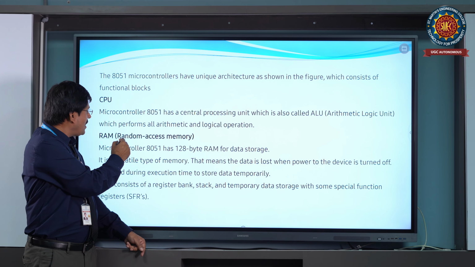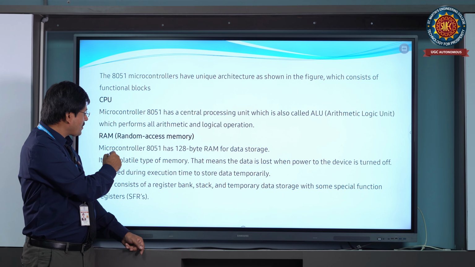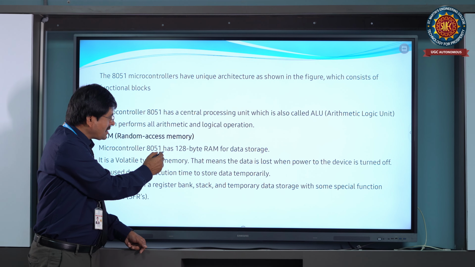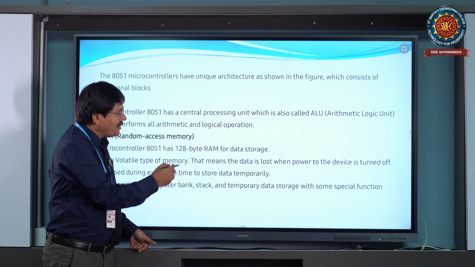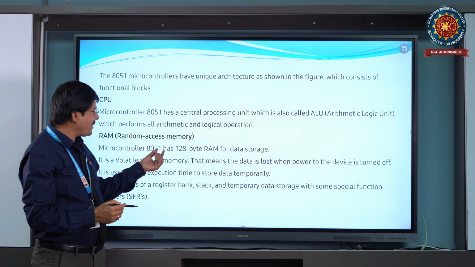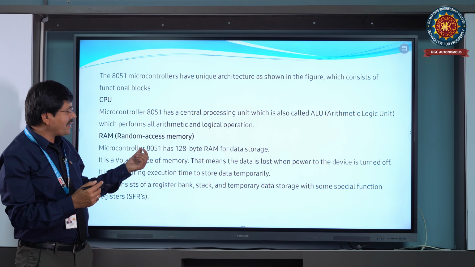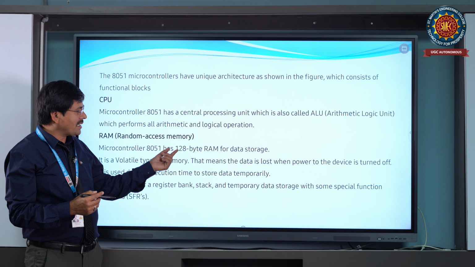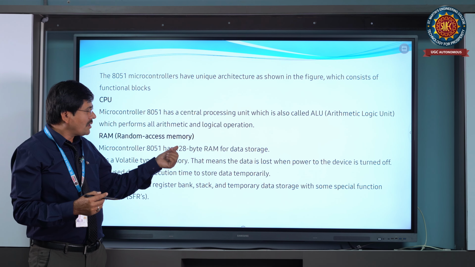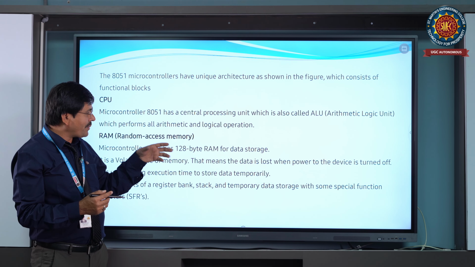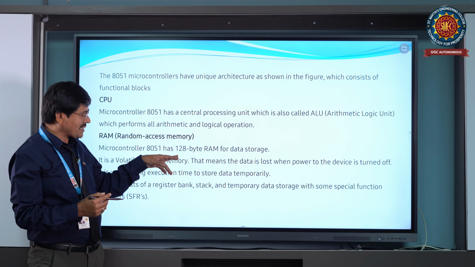RAM stands for random access memory. The microcontroller has 128 bytes of RAM for data storage. Likewise, it has two RAMs, one named the lower RAM and the other the upper RAM. Each RAM size is 128, so the complete RAM size is 256.